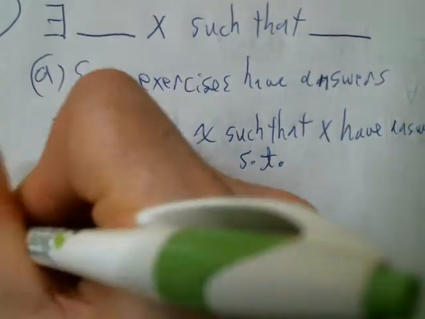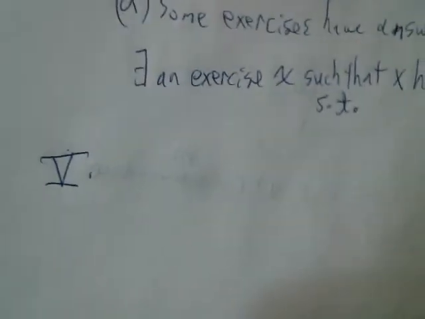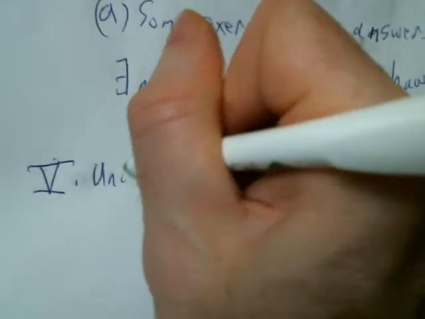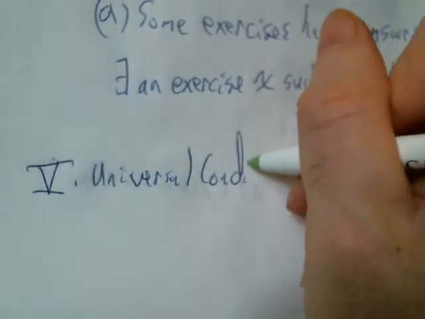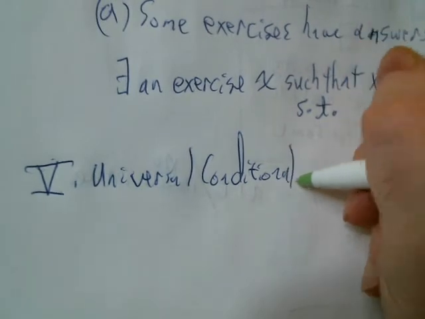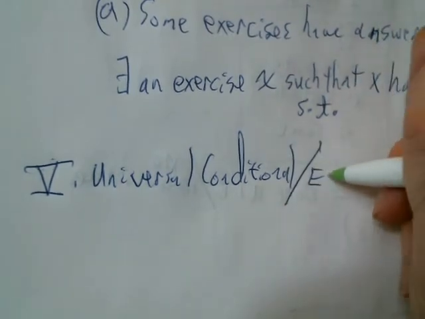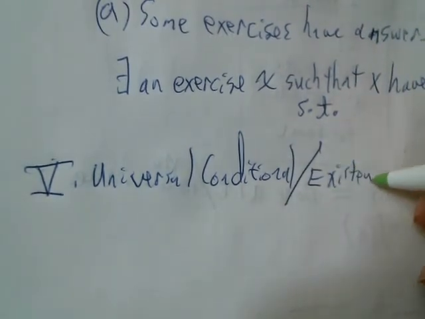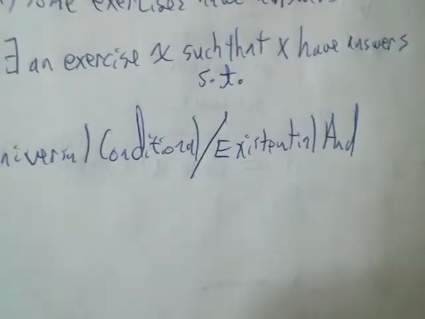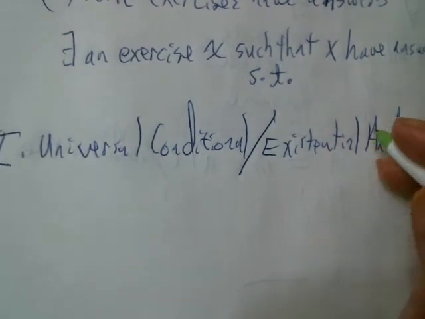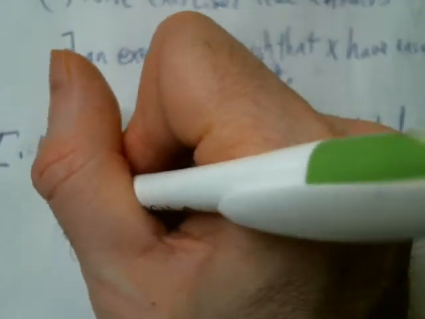Okay, so section 5 in my notes now, we're looking at universal conditionals and the existential and. Okay, so the universal conditional, how does that go? It'll go for all x in whatever domain.